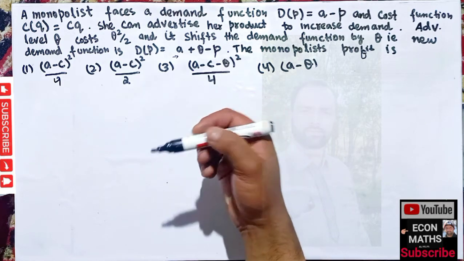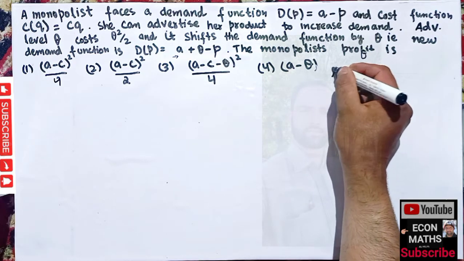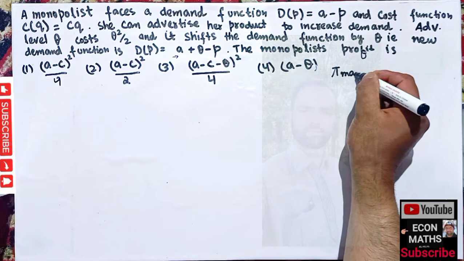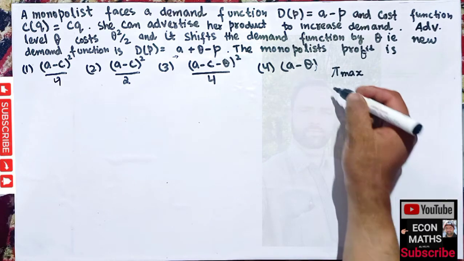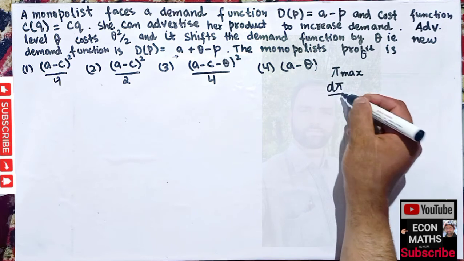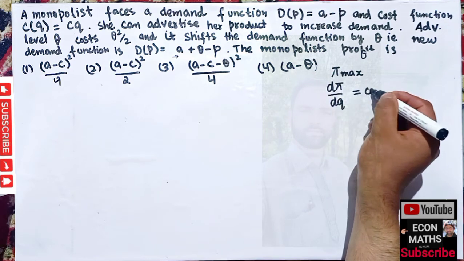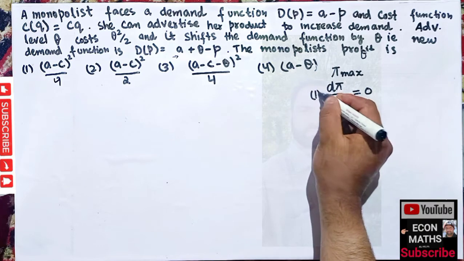profit maximization condition for the monopolist. Here the profit maximizing condition is that d pi by dq should be equal to 0. This is the first condition.